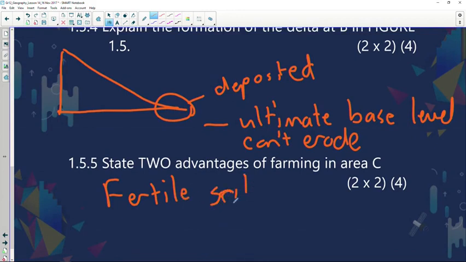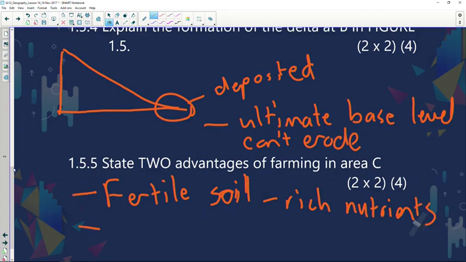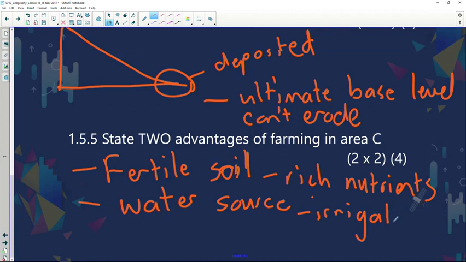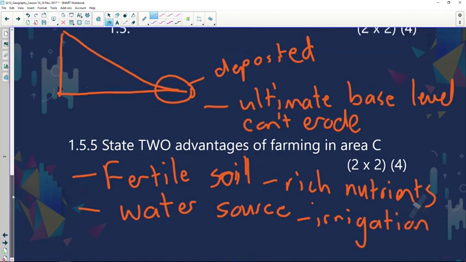It's rich in nutrients. And another reason, it's close to a water source. We can use it for irrigation purposes. Okay, that's your answers to question 1.5.5.